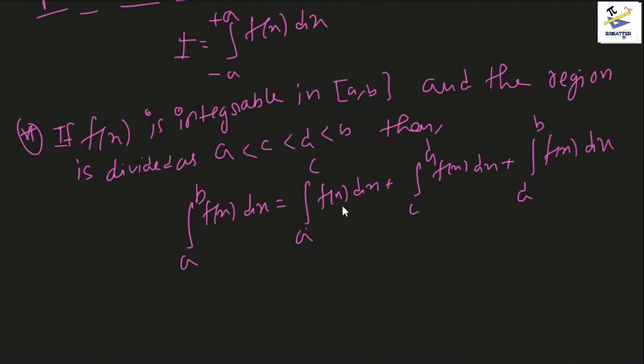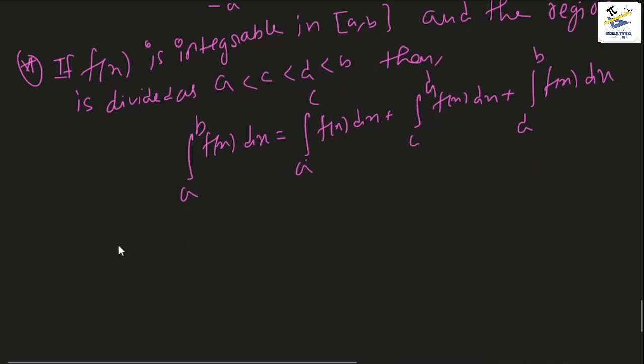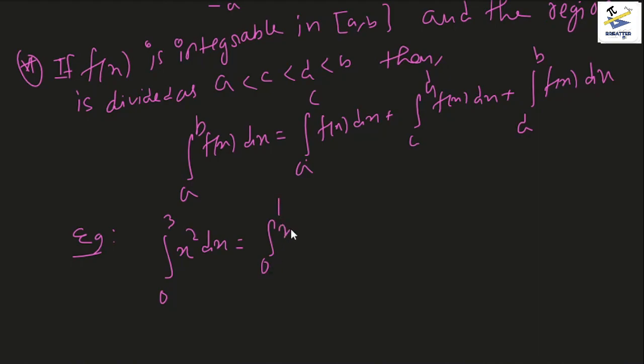So basically what I'm trying to say is, if we were to evaluate the integral 0 to 3 x square dx, you can write it as 0 to 1 x square dx plus 1 to 2 x square dx plus 2 to 3 x square dx, like this, right?